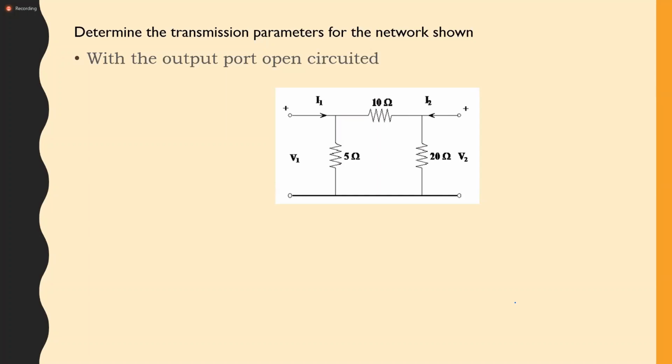That'll be V1. So if the voltage at port 1 is V1, what's the voltage across the 20 ohm resistor with respect to V1?